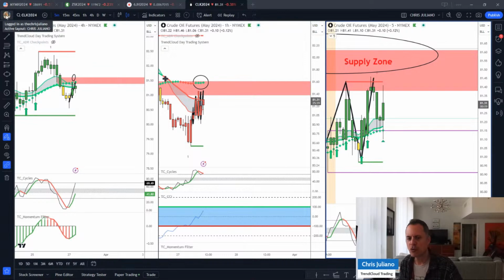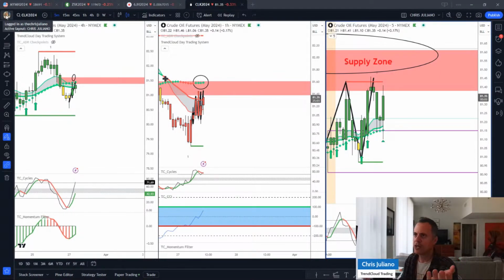The TrendCloud trading system is housed on TradingView. And it's free. TradingView is a free platform, Ramos.